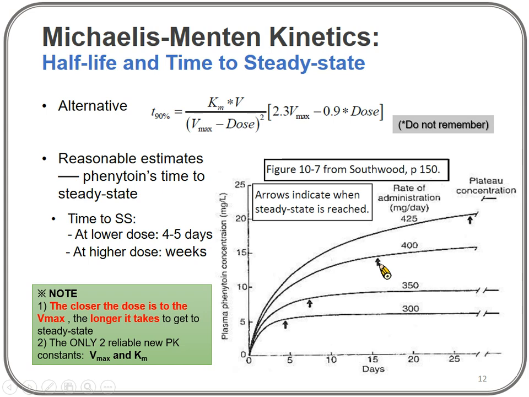So remember, the closer the dose is to the Vmax, the longer it takes to get to steady state. And among all these various parameters, there are only two reliable constants in the nonlinear model. We need to get the Vmax and Km out.